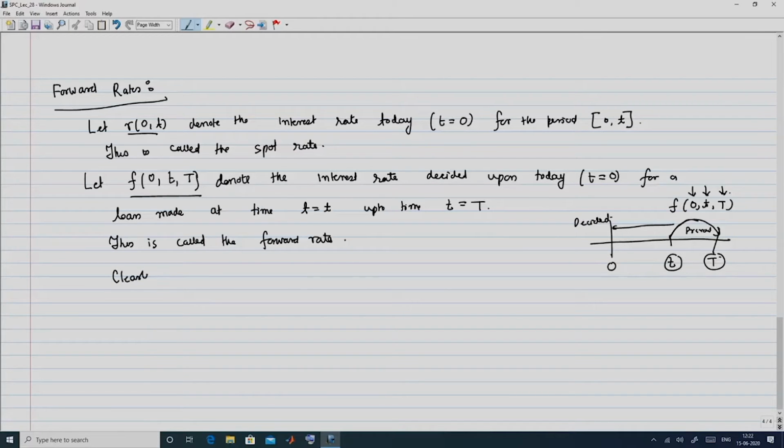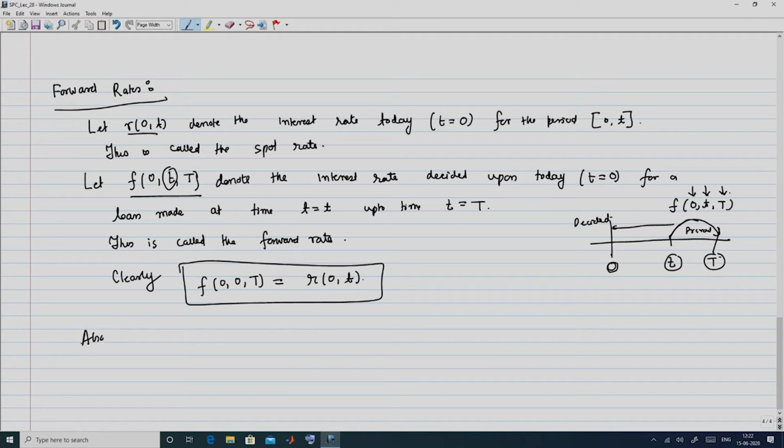So, clearly if I take small t is equal to 0, then F00 capital T is nothing but the interest rate decided at 0 for commencing at 0. So, this is nothing but R0t, which is the spot rate.